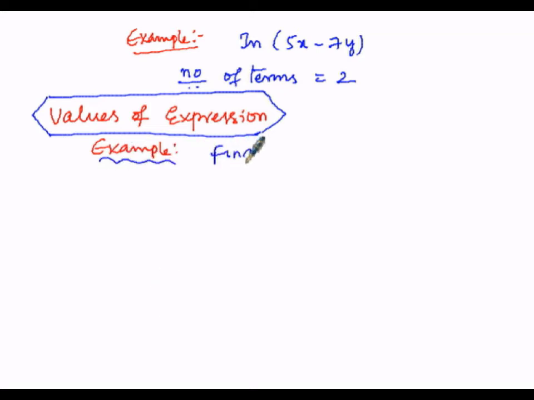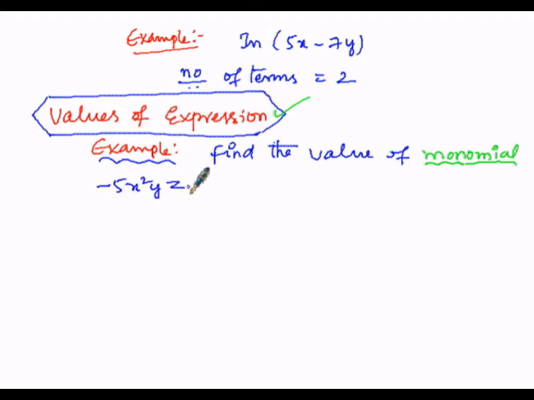Find the value of the monomial. So here I am going to consider the expression as a monomial in the first case. We have to find the value of this monomial, that is minus 5x square yz, if x equals 2, y equals 1 and z equals minus 1.